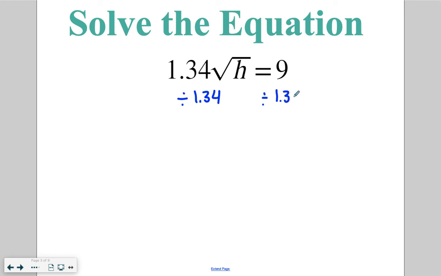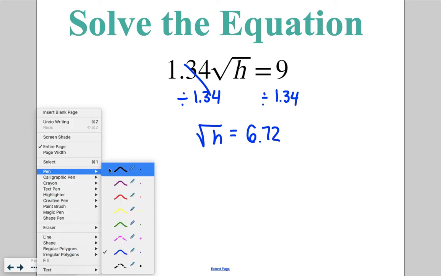When I do that division, I'm going to get the square root of h is equal to, when I divide, I'm going to get a long decimal, but with rounding, that's going to give me 6.72. Now, everything outside of that radical is gone.